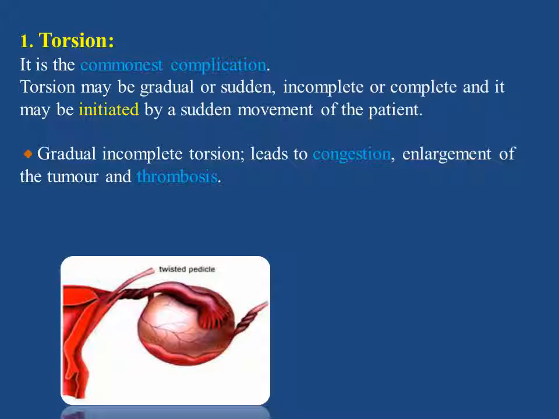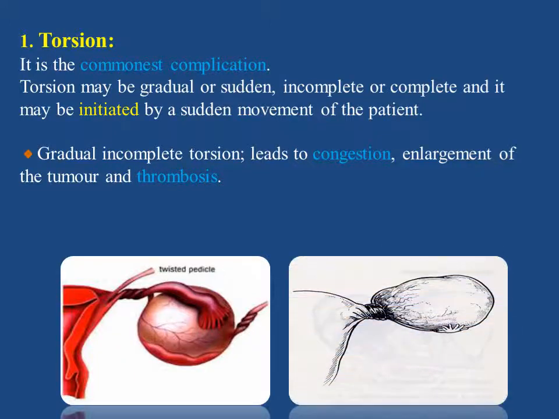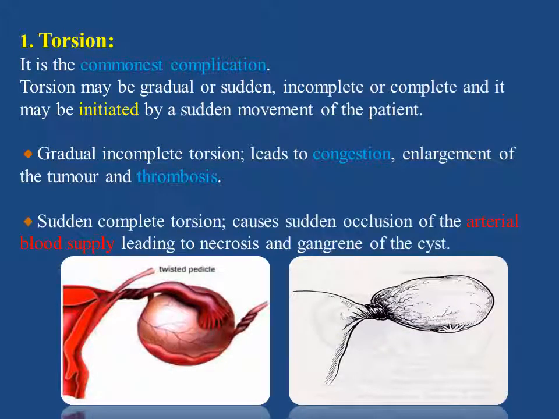If there is gradual torsion, there will be enlargement of the tumor with thrombosis and congestion. If it is sudden and complete torsion, it will cause, of course, occlusion of the arterial blood supply, leading to necrosis and gangrene of the tumor. What are the factors predisposing to torsion?